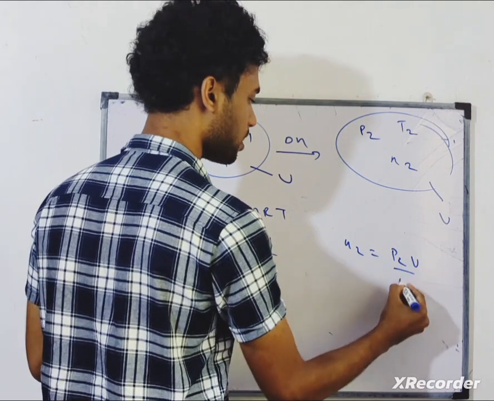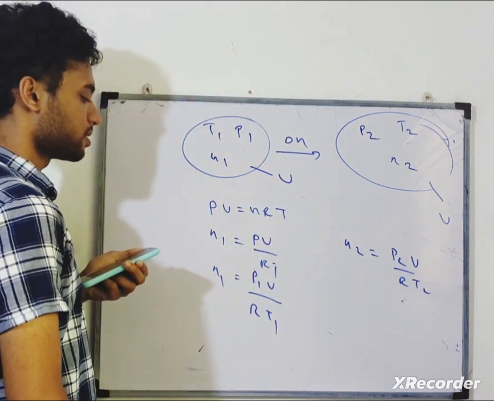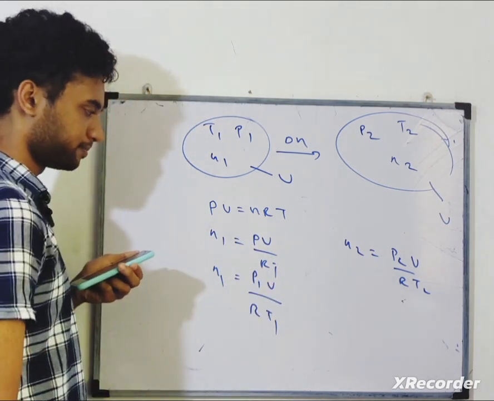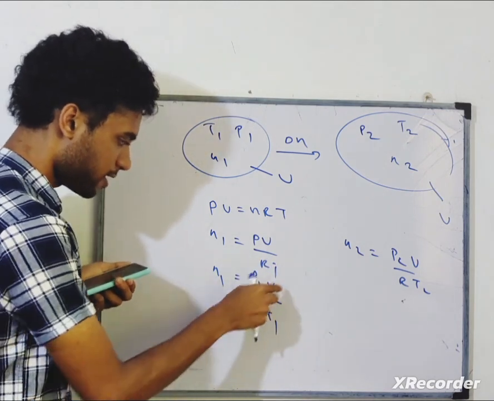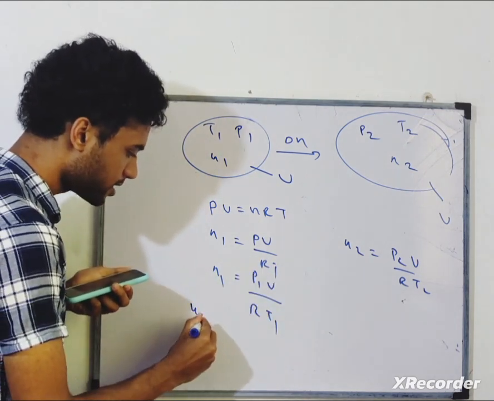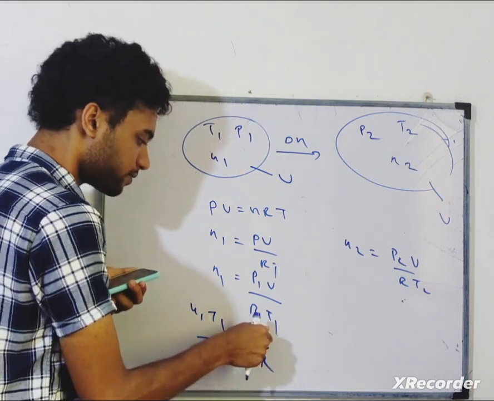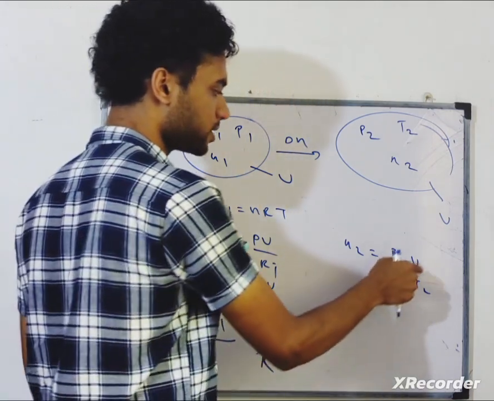P2 V over R T2, right? Now listen, I can isolate the term V over R. What is V over R equal to? V over R is equal to N1 T1 divided by P1. So I can substitute it here.